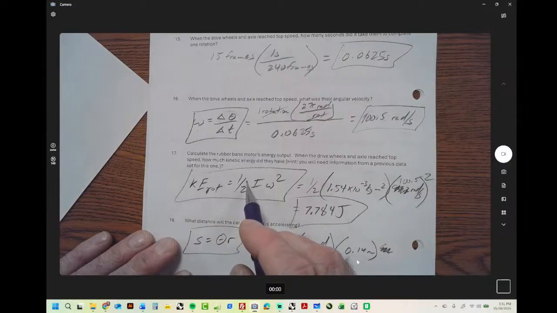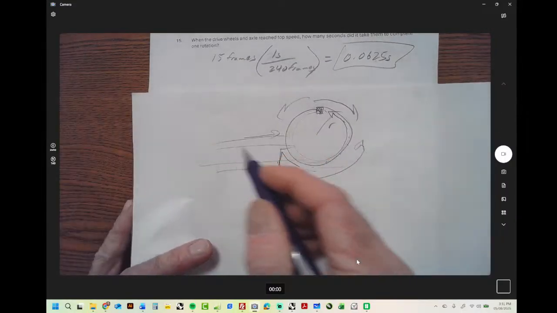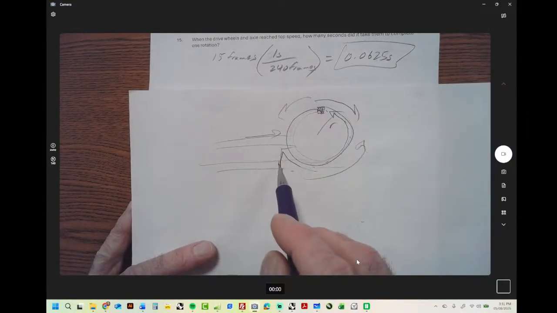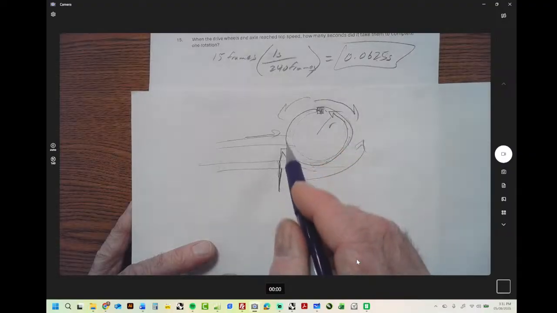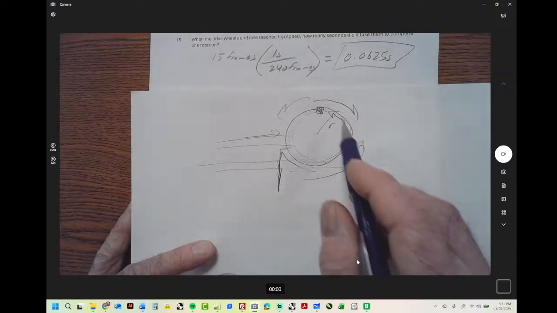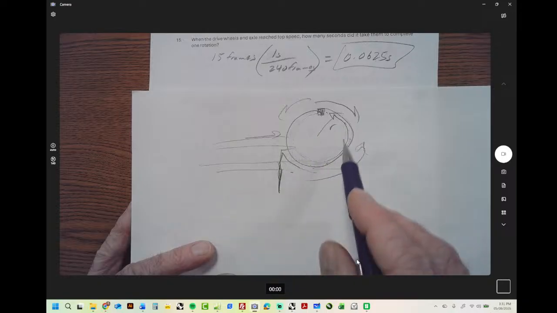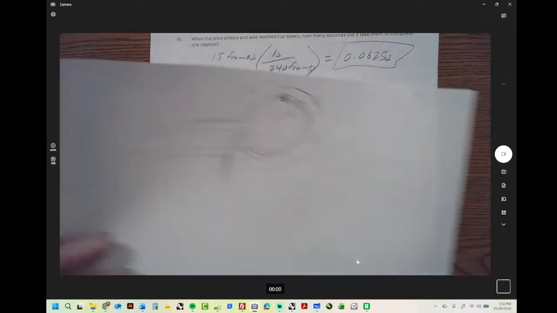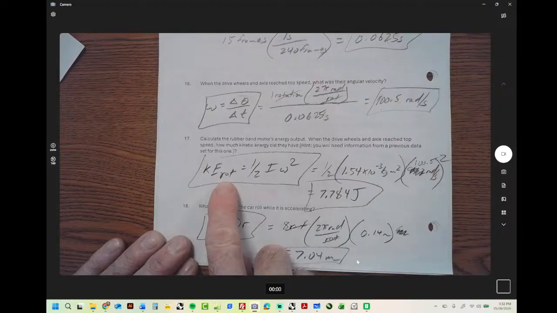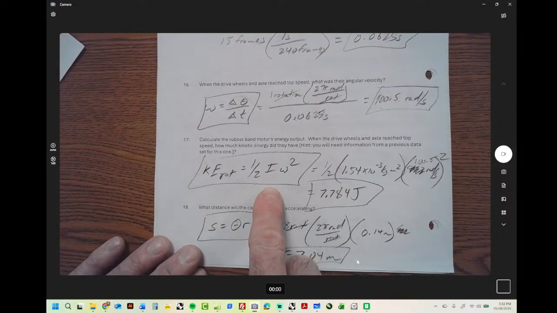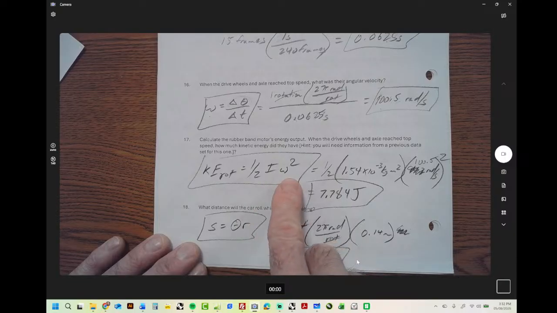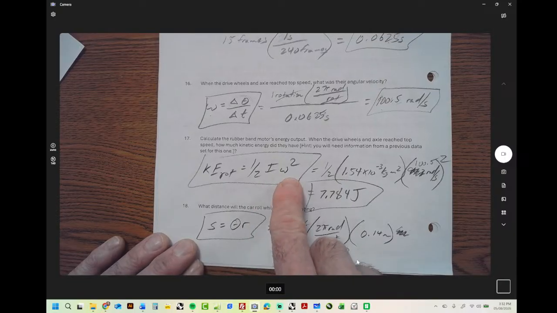The energy output: since we're not letting the car roll, we're just letting the bands accelerate this wheel. The kinetic energy that it has is representative of how much energy the bands put out. And the kinetic energy of a spinning object is 1/2 times its moment of inertia times the angular speed squared.